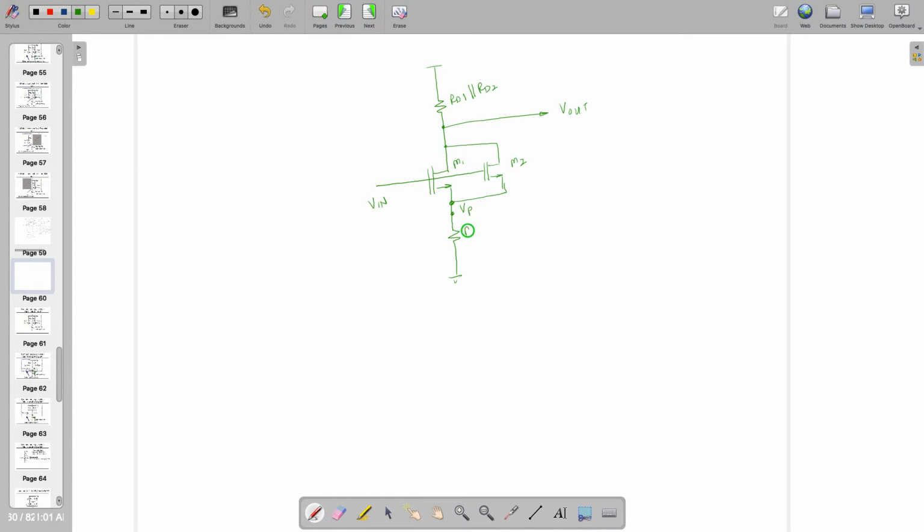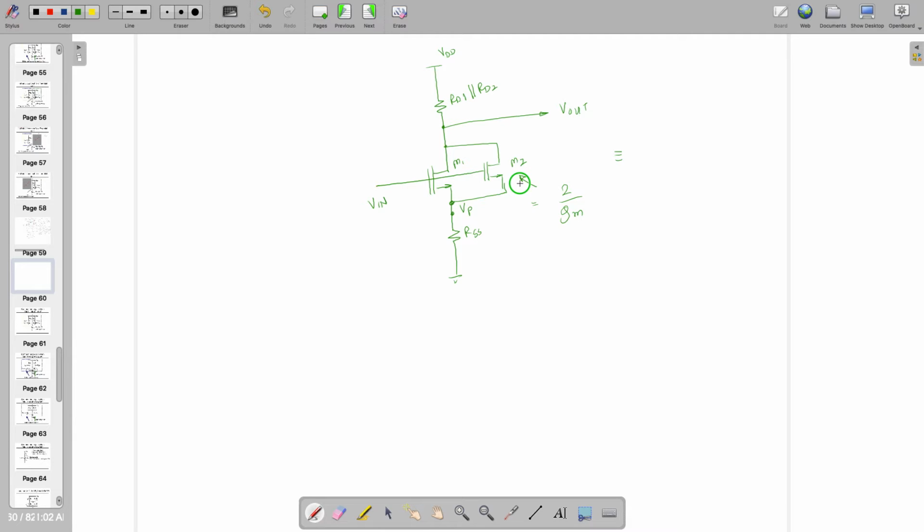So this is what is happening if I redraw the circuit. Still I am interested in Vout by Vin, which is the common mode voltage, by the way. You can simplify this: if there are two transistors in shunt, and each transistor is going to give you 1 by gm of resistance, keeping two transistors in shunt is going to give you 1 by 2gm, right?